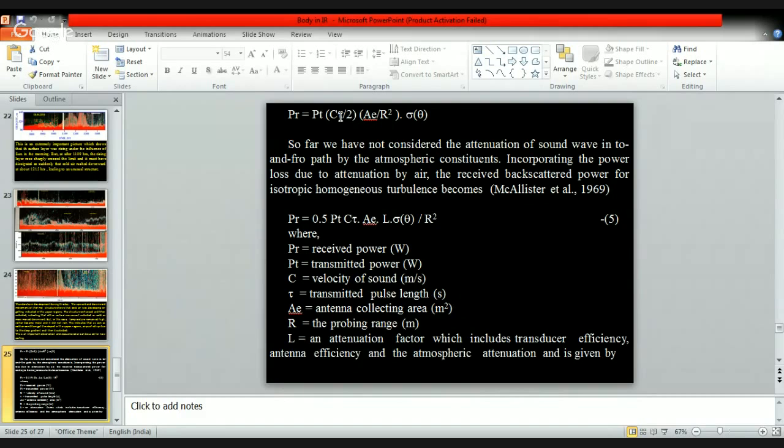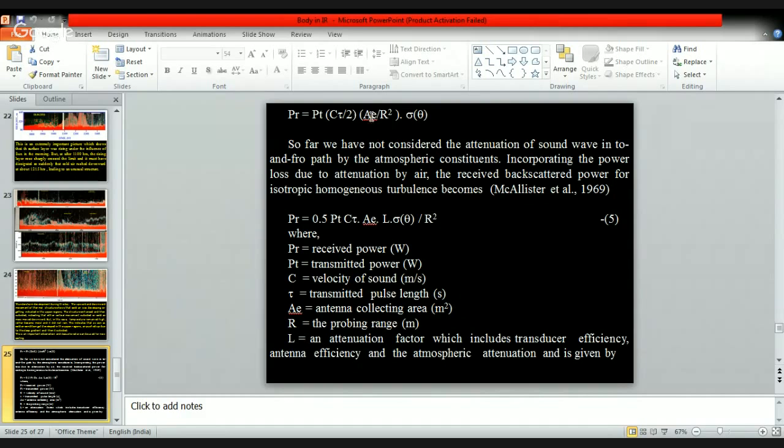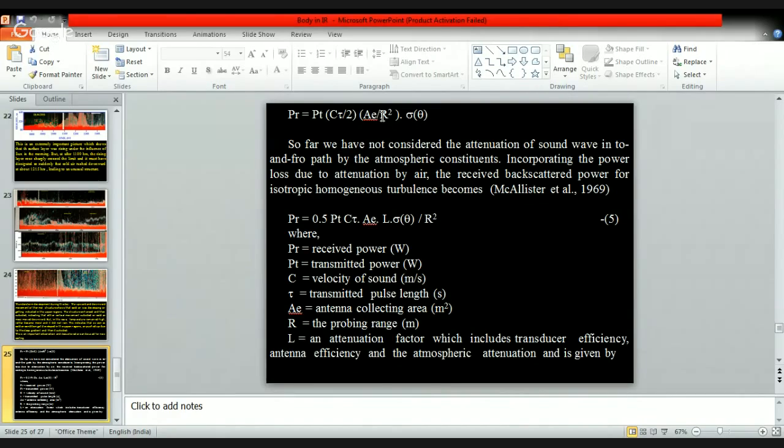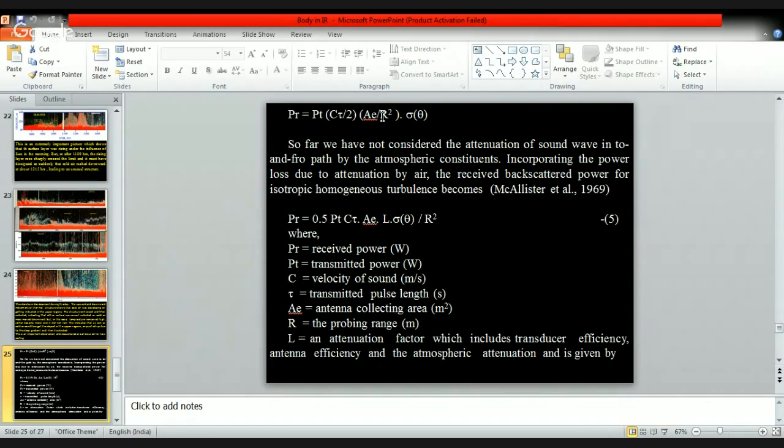So 50 milliseconds is my scale, the transmitted pulse that will move in the atmosphere as a tracer. AE is the antenna area, a 4 feet parabolic dish. R is the range. So as the range increases, my intensity decreases by the square of that.